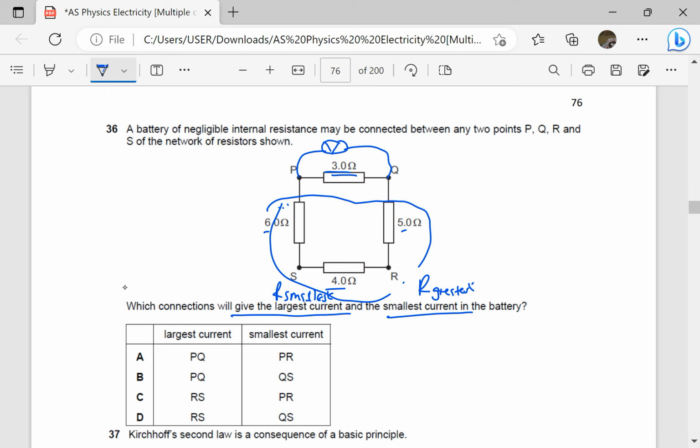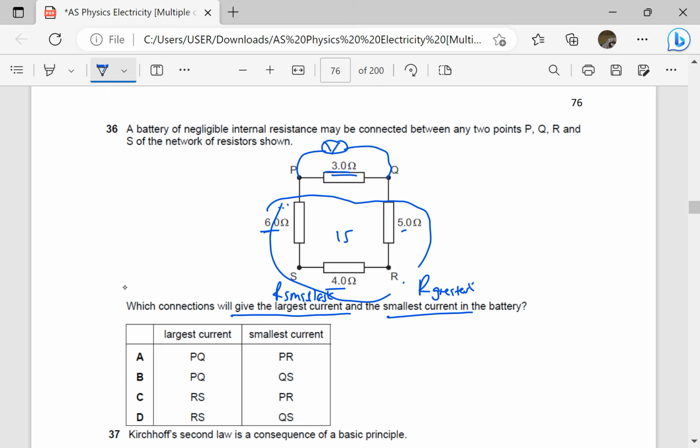So we shall put the voltmeter across the smallest resistance, meaning that the others will be in series. We combine them: 6, 10, 15. So 15 is going to be in parallel with the 3 ohms, so that when we find total resistance, it is smaller. And if total resistance is smaller, then the current is greatest.